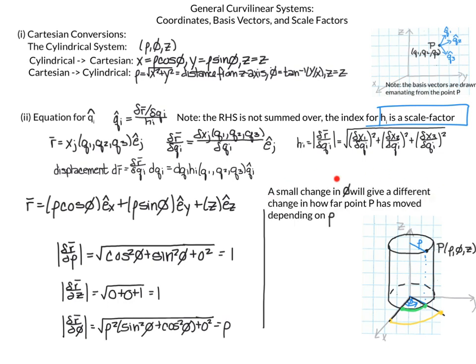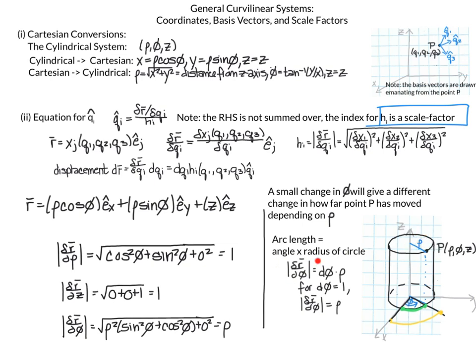And I've written this idea here. A small change in phi will give a different change in length of how far your point P has changed, depending on rho, the radius. We could have calculated h of i, our scale factor, by observing that the distance our point P moves when we move phi a small amount is the arc length, which is the angle phi times the radius of the circle, rho.